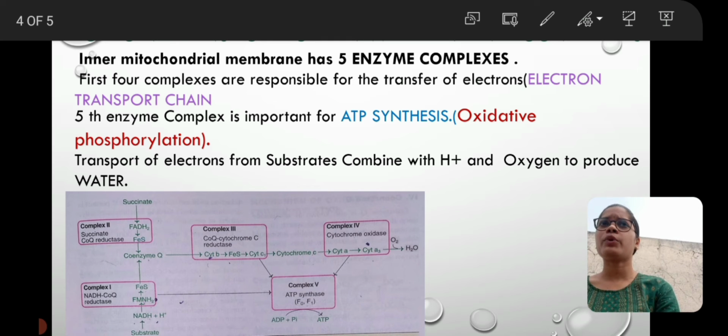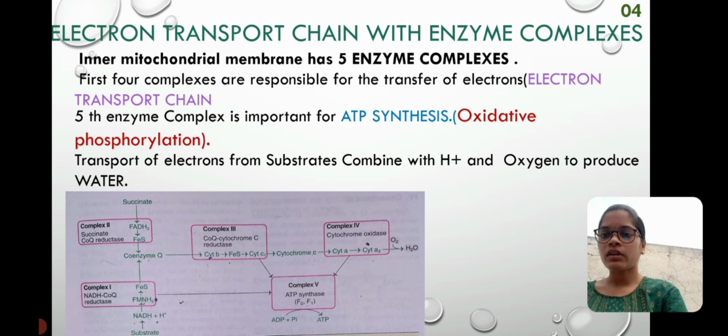The substrates undergo metabolic reactions and give some protons, and those protons are accepted by NAD, resulting in the formation of NADH2. Those protons are transferred to FMN, resulting in the formation of FMNH2, and the electrons are transferred to FeS, which is nothing but the iron sulfur protein.